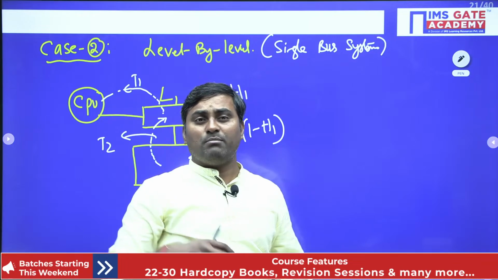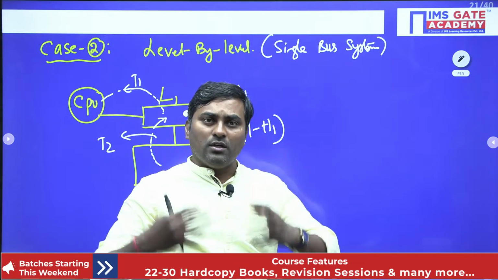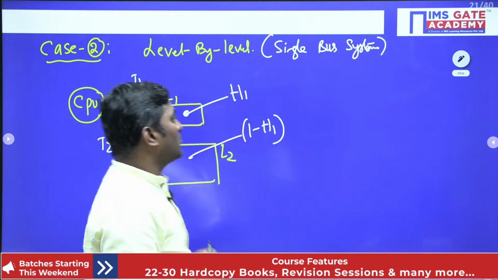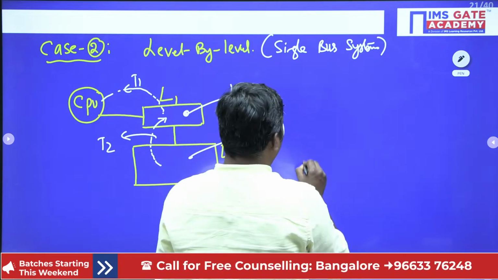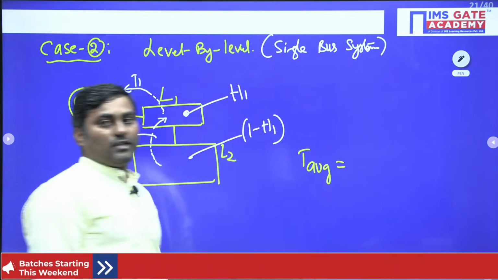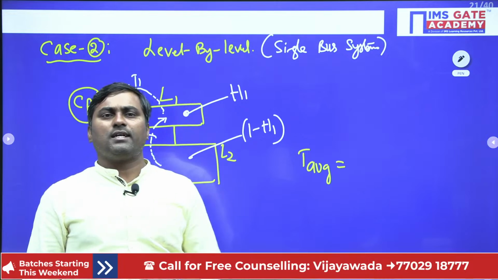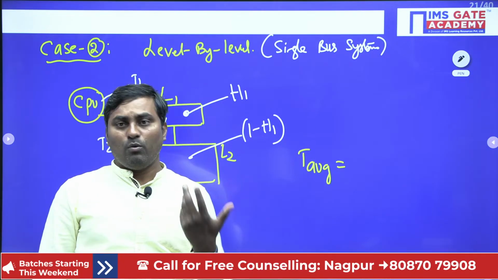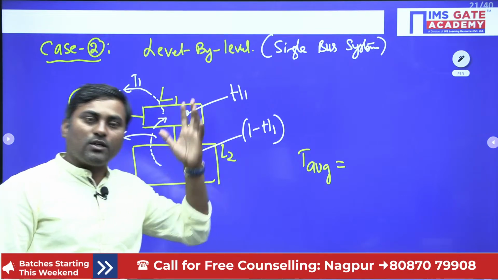T2 is the access time for data being read from level 2 and transferred to level 1. Now, putting it together, what is the average access time in this system? You need to understand clearly, because it is not like the previous formula. This expression is different. Look at the concept.